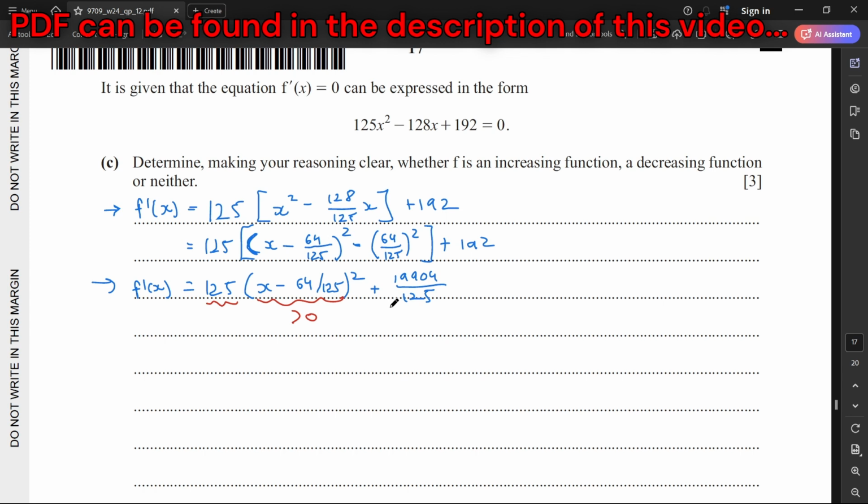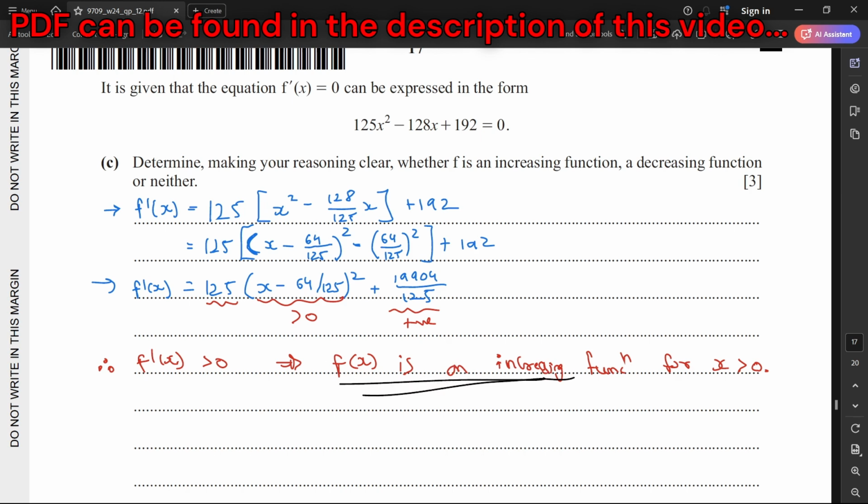And if I'm adding a positive value to a term greater than 0, it is always going to be positive. So if my f dash x is always greater than 0, this implies that my function is an increasing function for x greater than 0, or for any values of x for that matter. This will become your final answer: f is an increasing function.